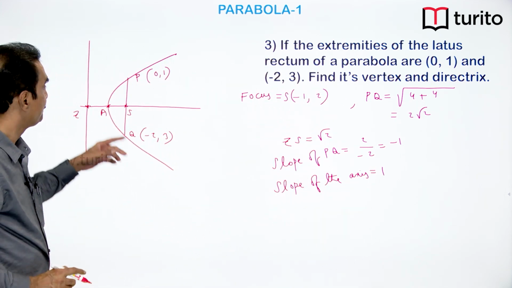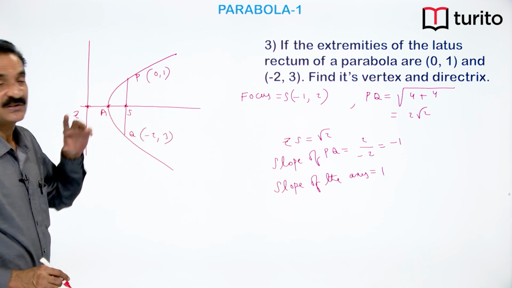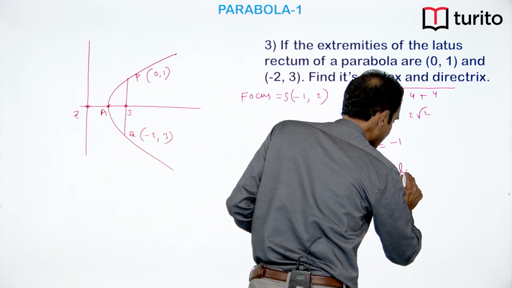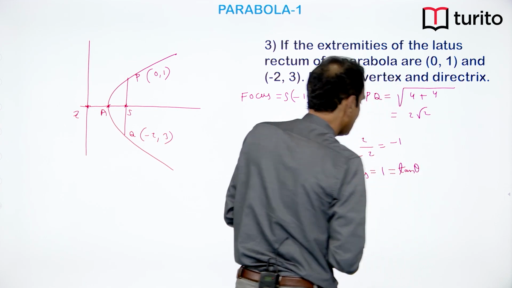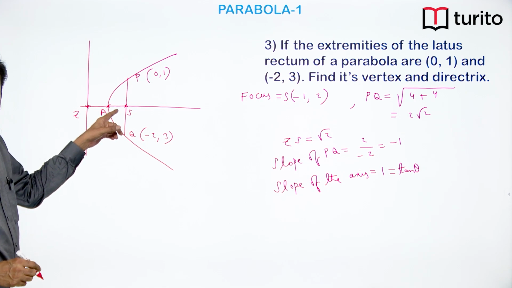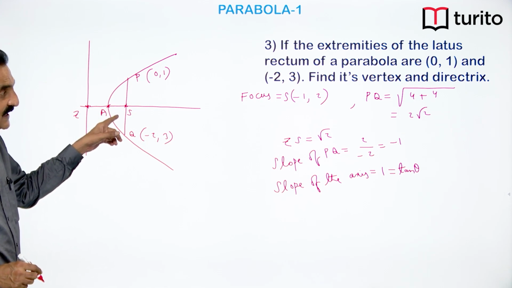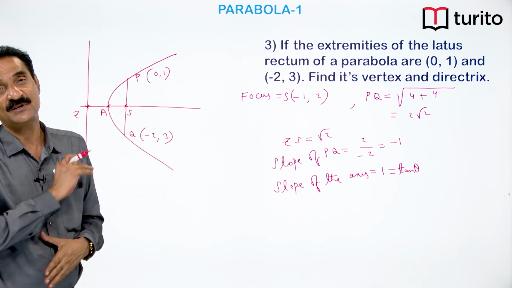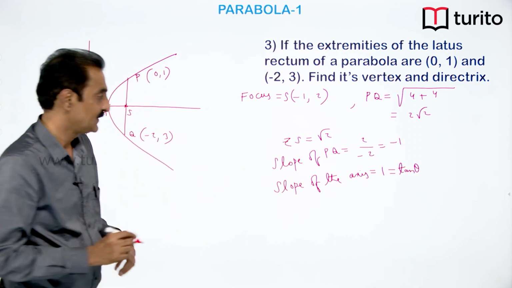Now, you take the slope of the axis as tan theta. Then, with the help of the point S, the coordinates of S and tan theta, we can write the equation of the axis parametrically.